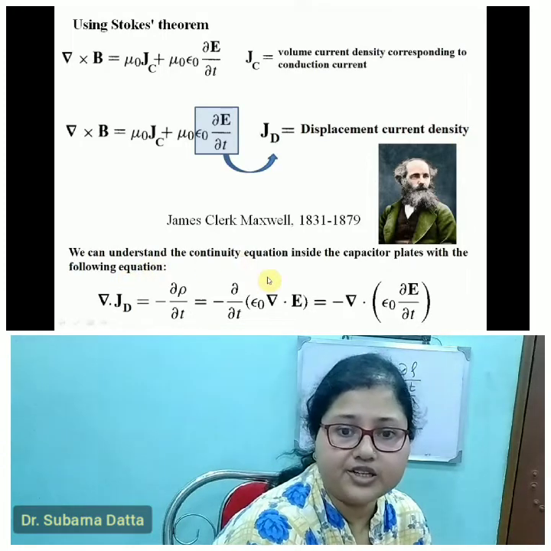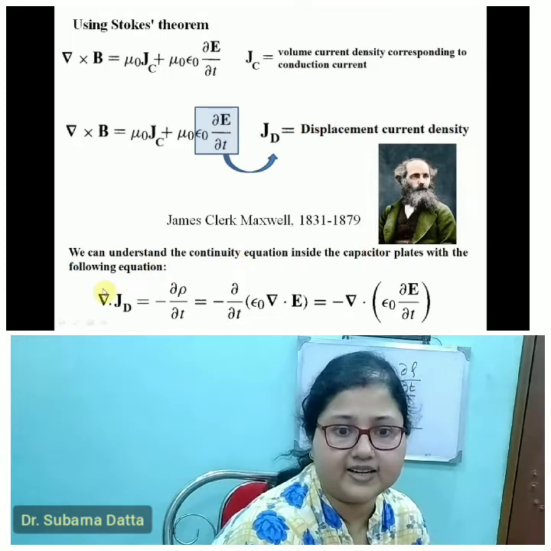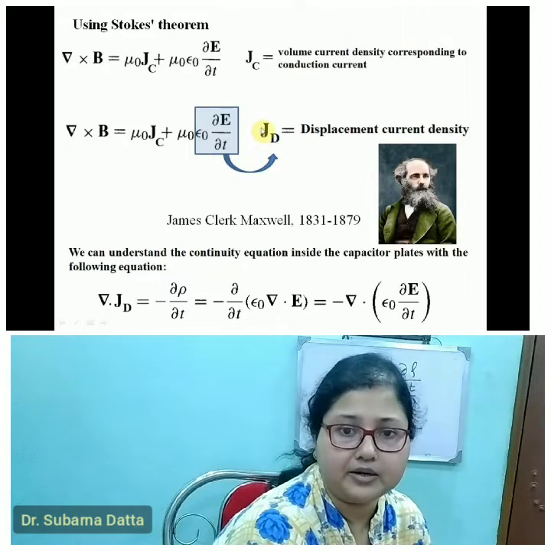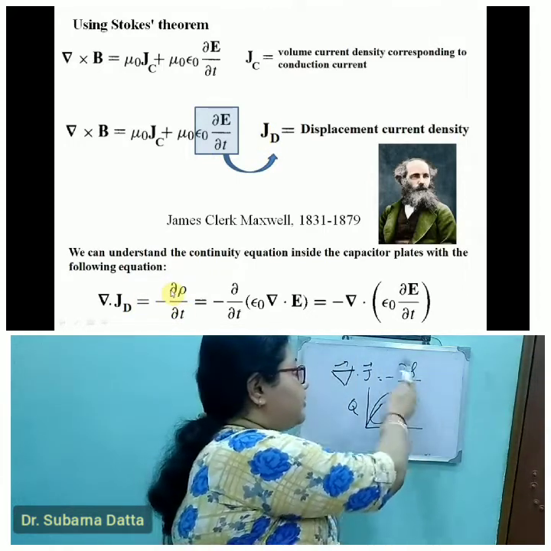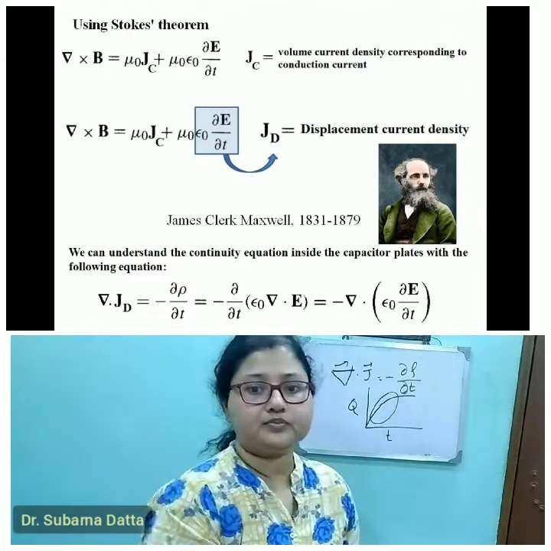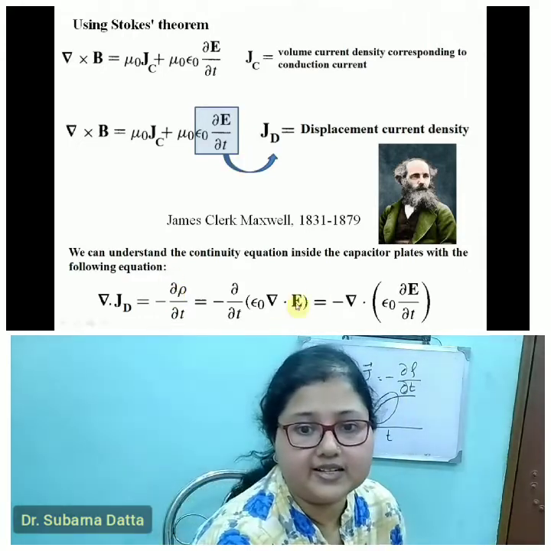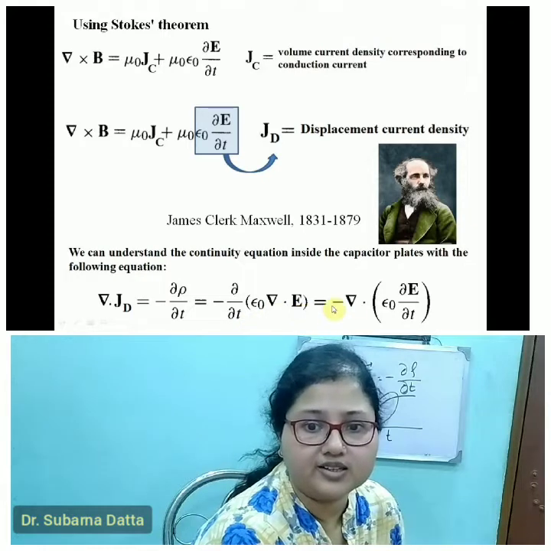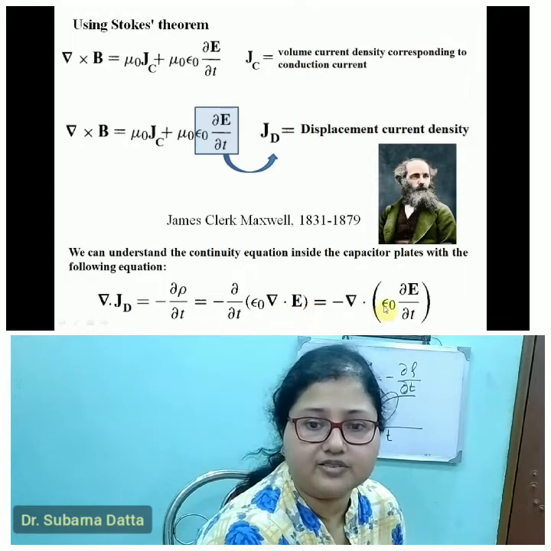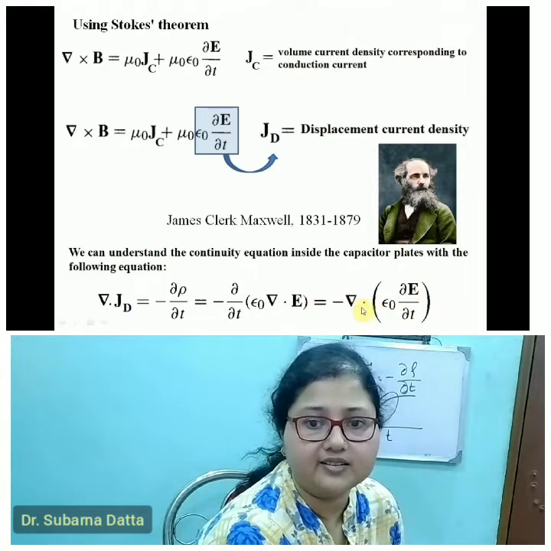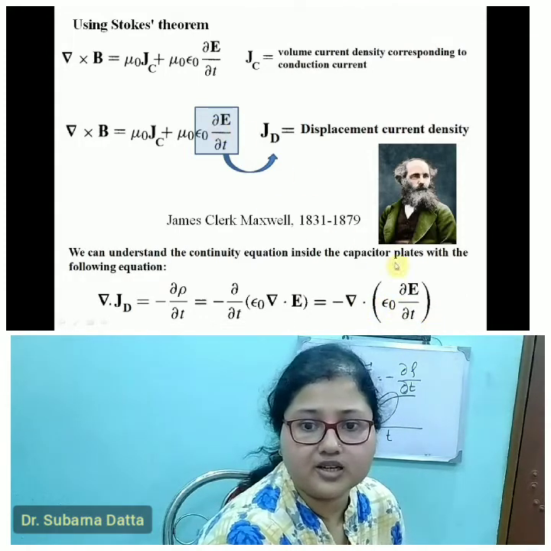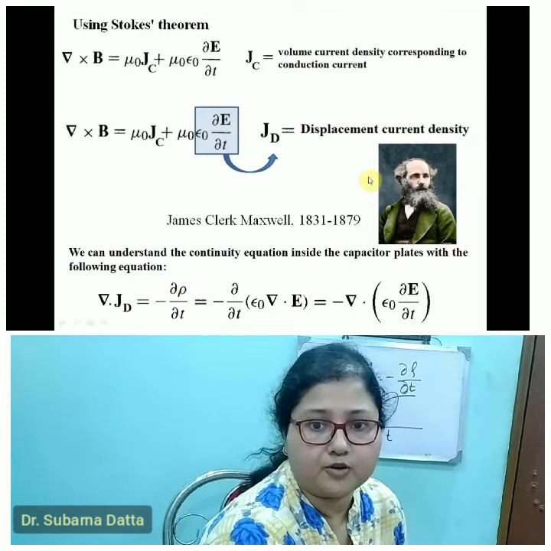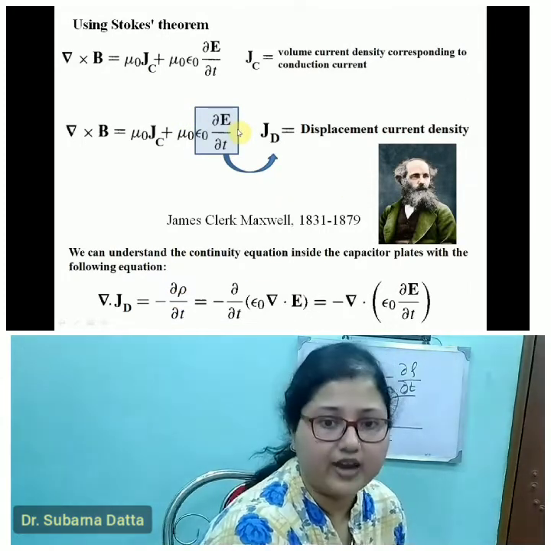From the continuity equation, the divergence of JD is equal to minus del rho del T, as we said already, which is minus del T of epsilon 0 del dot E. From the first equation we get del dot epsilon 0 del E del T, which corresponds to this. So from the continuity equation, the fourth law is also valid.